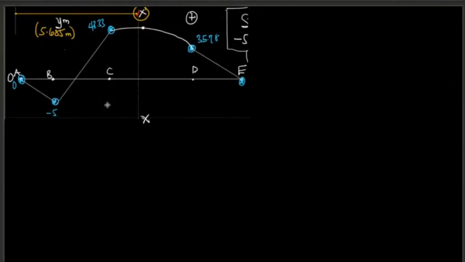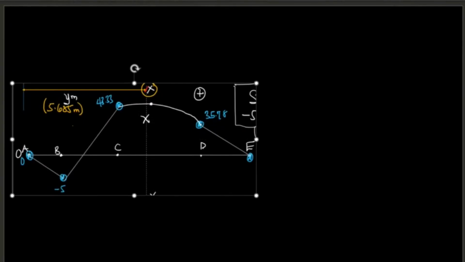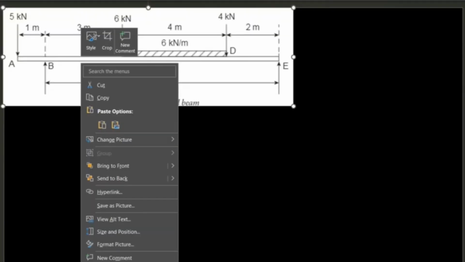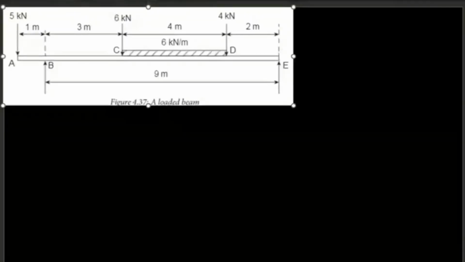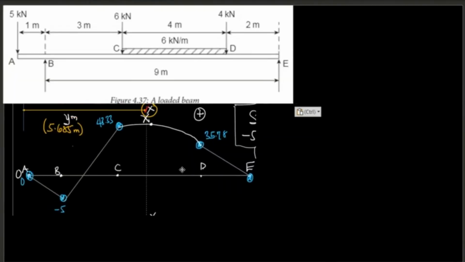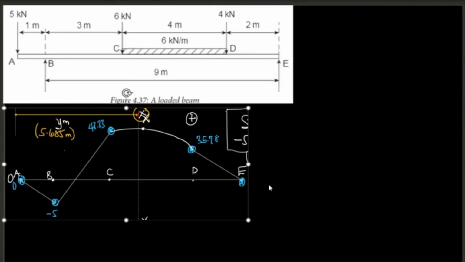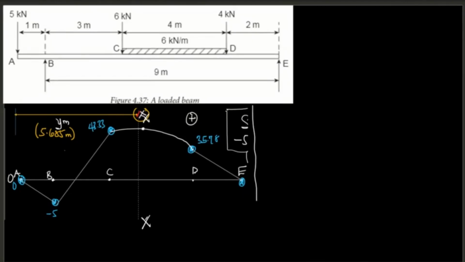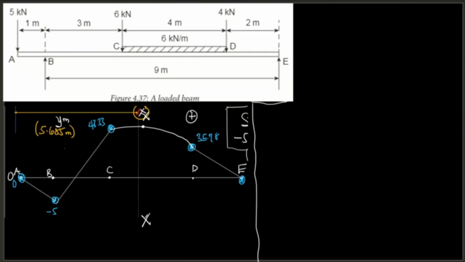I'm going to need the beam. Let me put this down here. Okay, let's take moment about X. If we take moment about that section, then we'll get the value of the maximum bending moment.